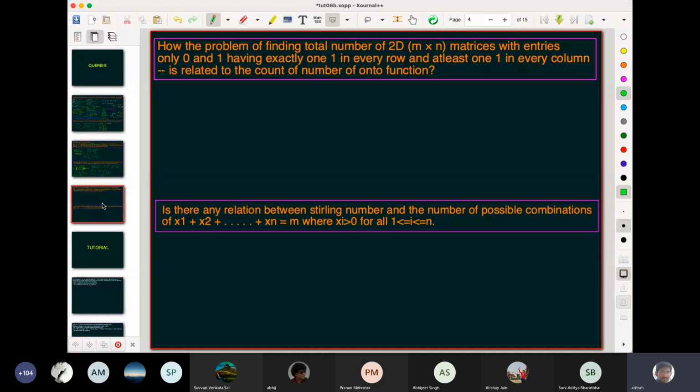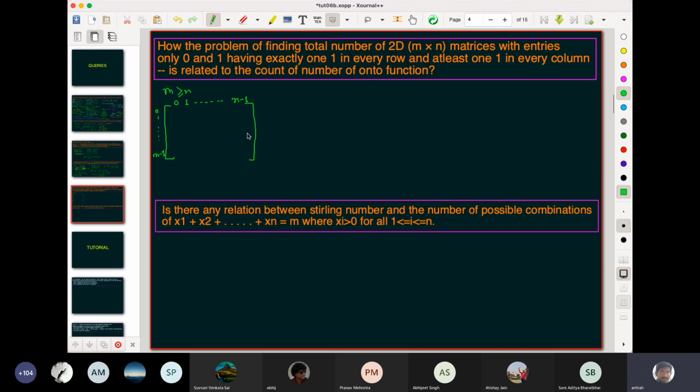Now these are the questions from Stirling numbers. There is a question that says suppose I have an m cross n matrix, assuming m greater than or equal to n, a 2D array with m rows, 0, 1, up to m minus 1, and n columns, 0 to n minus 1. Obviously, m greater than n, the number of rows are more.